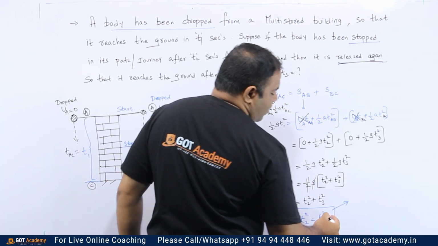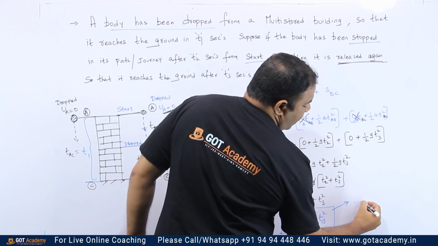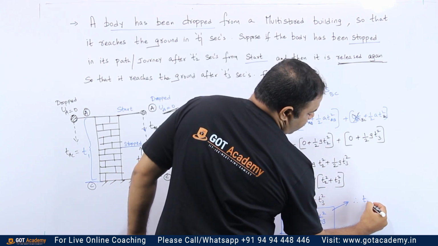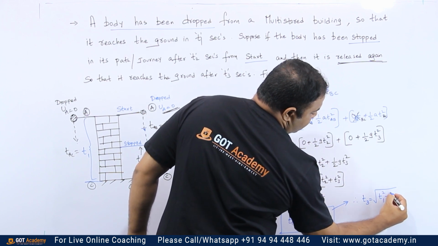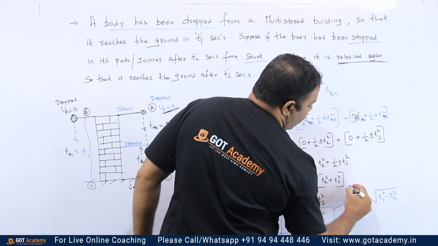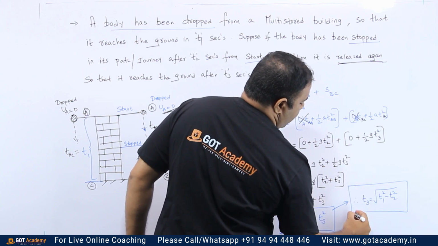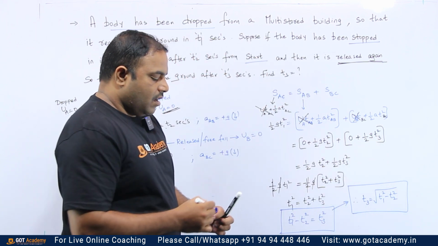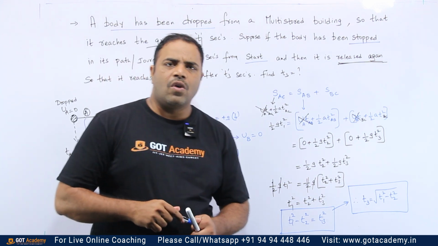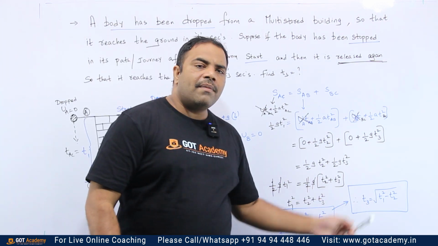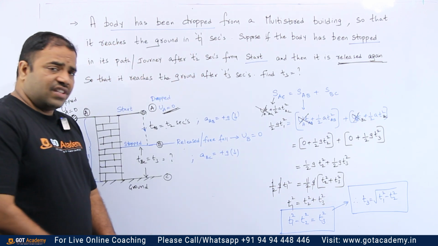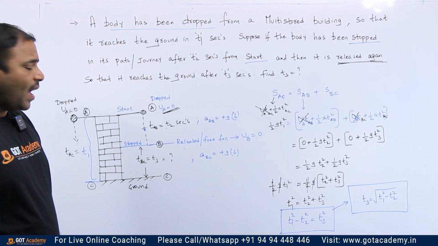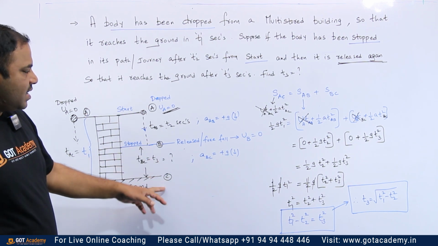The square will come to this side. Therefore, T3 is equal to root over T1 square minus T2 square. So this is the time from B to C.